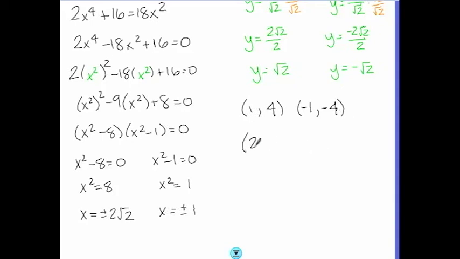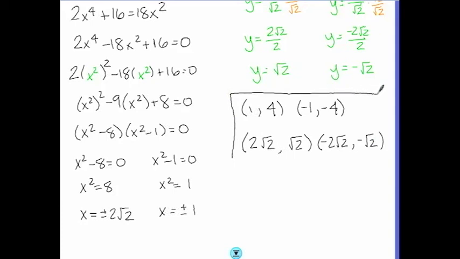Then when I plugged in 2 square root of 2, I got positive square root of 2. And when I plugged in negative 2 square root of 2, I got negative square root of 2 as my y value. So that means that these two equations would intersect at these 4 points if we graphed them.